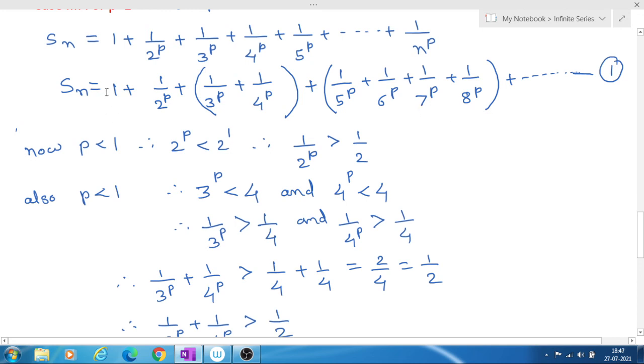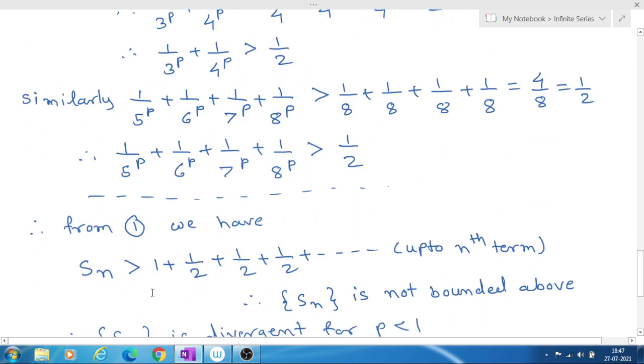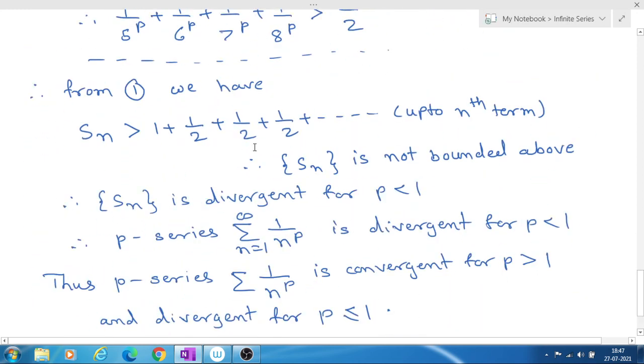Therefore this Sn is greater than 1 plus 1 half plus 1 half plus 1 half, and so on. Therefore this Sn is not bounded above. Here we take only n terms. So 1 plus 1 half plus 1 half up to the nth term we write 1 half.